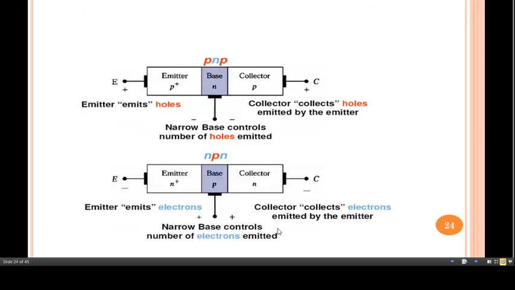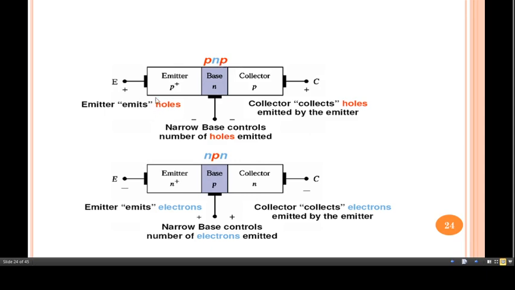Now we will discuss the types of BJT. First is PNP and second is NPN. When N type semiconductor is sandwiched between 2 P type semiconductors, we get the transistor called PNP, and in NPN, P type semiconductor is sandwiched between two N type semiconductors. In both PNP and NPN transistors, three terminals are there: emitter, base and collector.